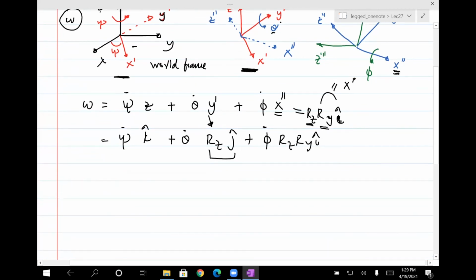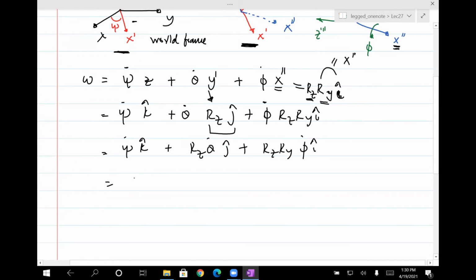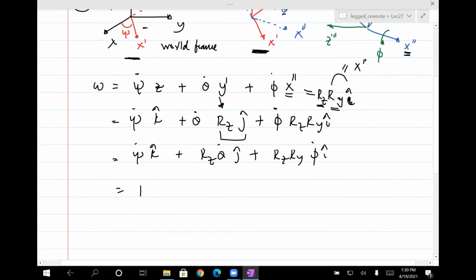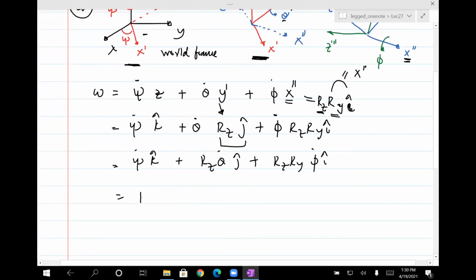And then what I can do is I can move things around a little bit. Phi dot K plus RZ theta dot J plus RZ, RY phi dot I. But this thing, let's see, it's the same formula. Just quickly check.